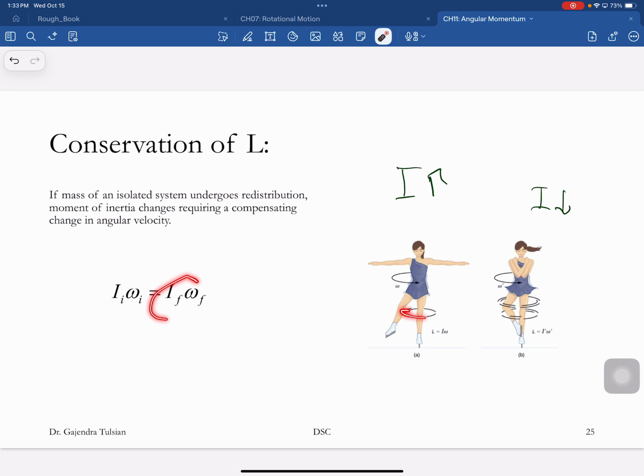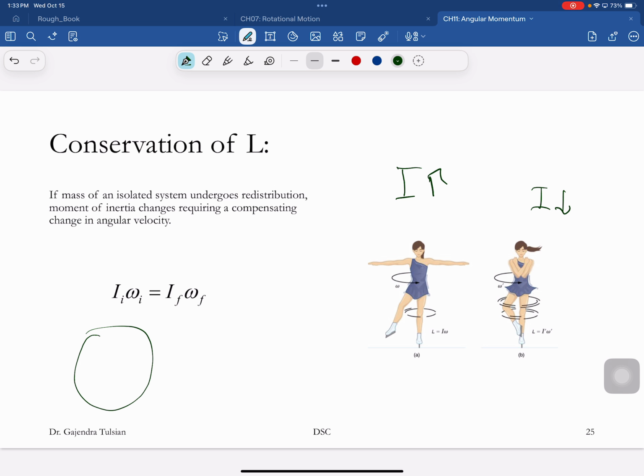In fact, this happens in stellar objects quite spectacularly. So for instance, the radius of the sun, you can look it up, I think it's about 700,000 kilometers or something like that. And the sun will eventually become a white dwarf, and its radius will decrease by a factor of 1,000, something like that.